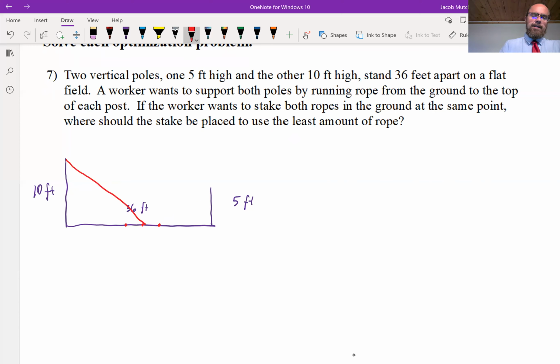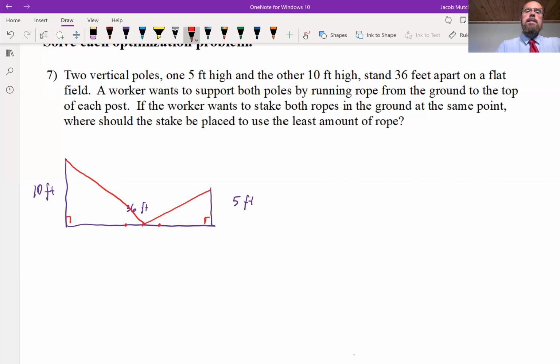And so the idea there is I want to find their sum. So I'm going to start off by treating these as 2 separate triangles. And in fact, we could specify these are right triangles. And so really what I've got is 2 versions of Pythagorean theorem. Now they are related because their horizontal legs here are together forming 36 feet.